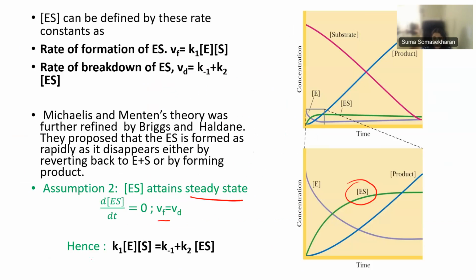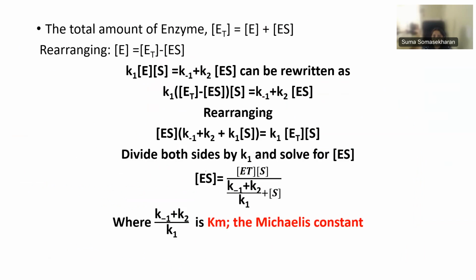And therefore, hence, K1 multiplied by E into S is equal to K minus 1 plus K2 multiplied by ES. And so this relationship can be further resolved, and what you get is the concentration of enzyme substrate is equal to enzyme total concentration multiplied by substrate concentration divided by this ratio of rate constants, K minus 1 plus K2 divided by K1, plus substrate concentration.